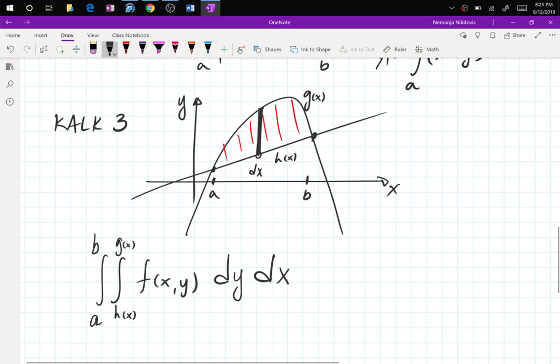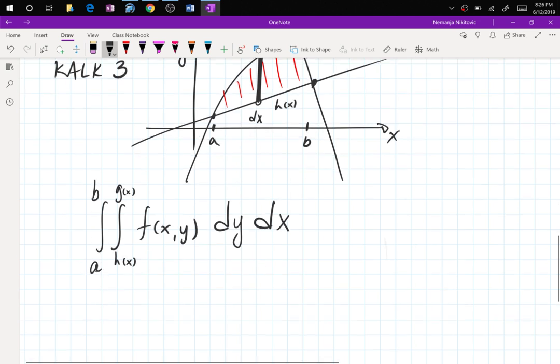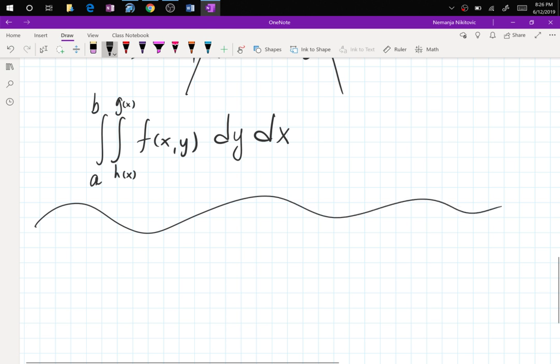So let's take a look at the problem. The first order of business is for us to calculate without setting anything up. They just gave us one of these iterated integrals, we just compute it.